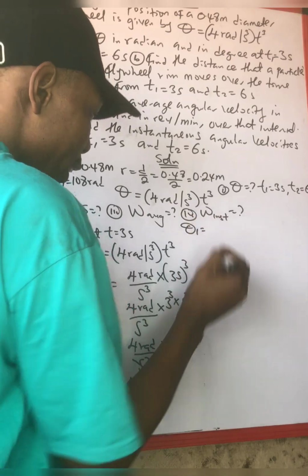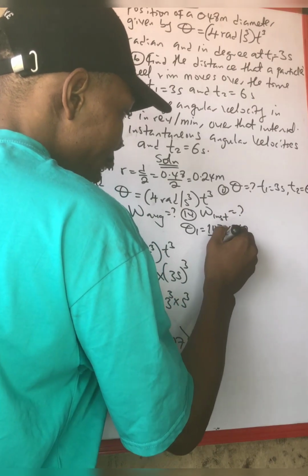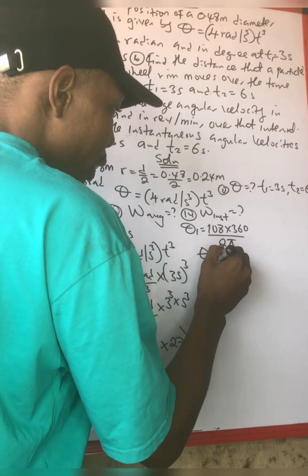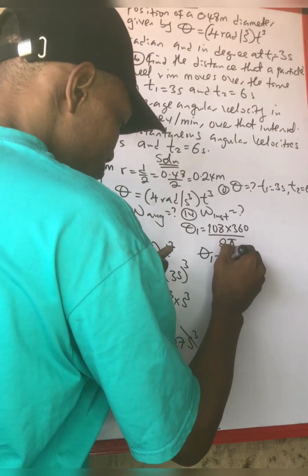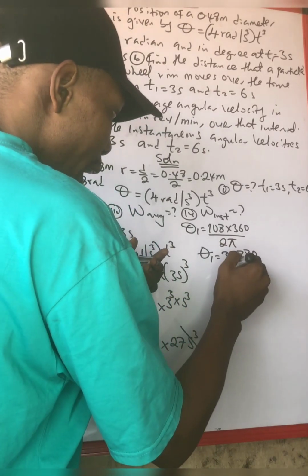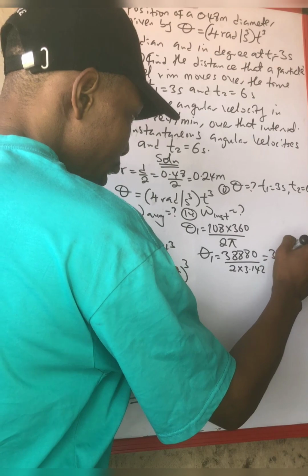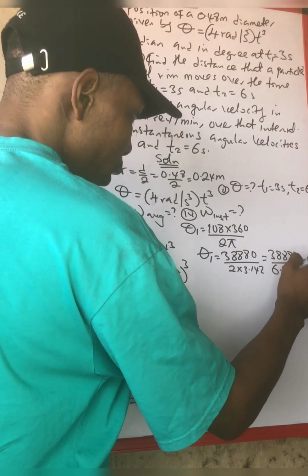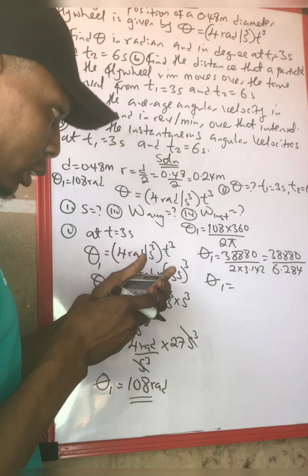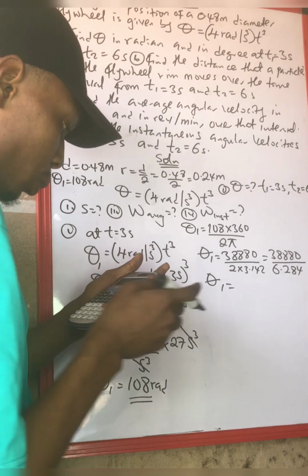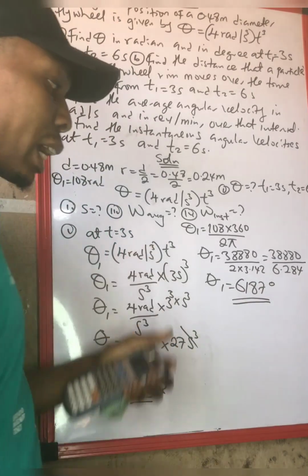So theta 1 is 108 times 360, then divided by 2 pi. 108 times 360 gives us 38880. 2 pi is 2 times 3.142, that is 6.284. So 38880 divided by 6.284 gives us 6187 degrees. So that is our answer.